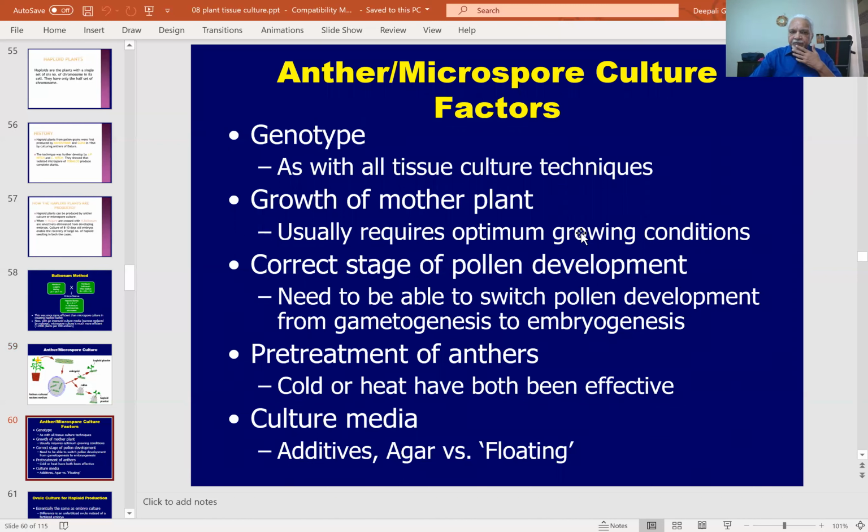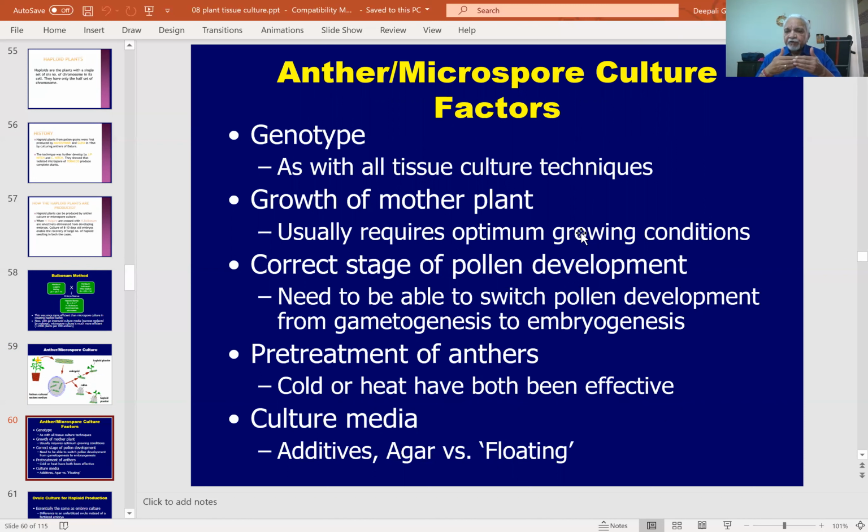Now, the factors which affect anther culture are by and large the same factors which affect normal tissue culture events. For example, genotype. The genotype of the host plant affects the in vitro techniques.